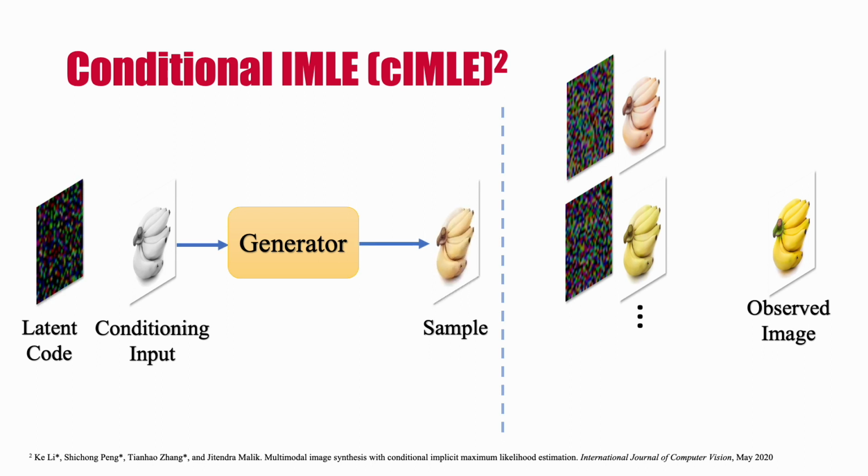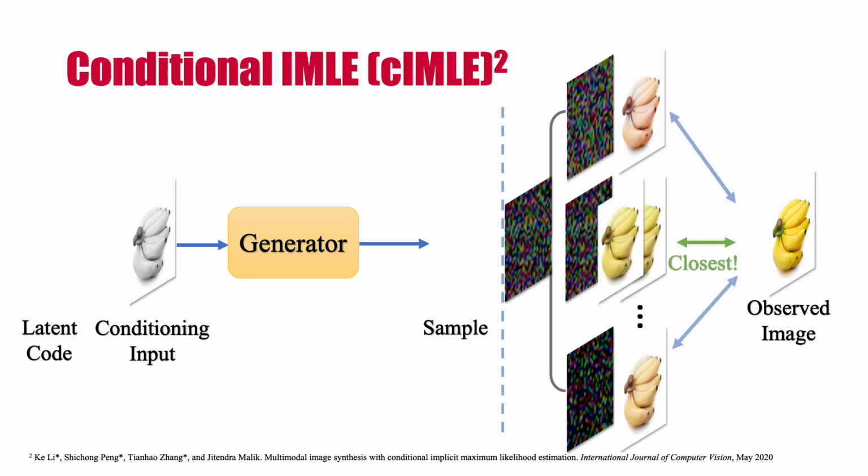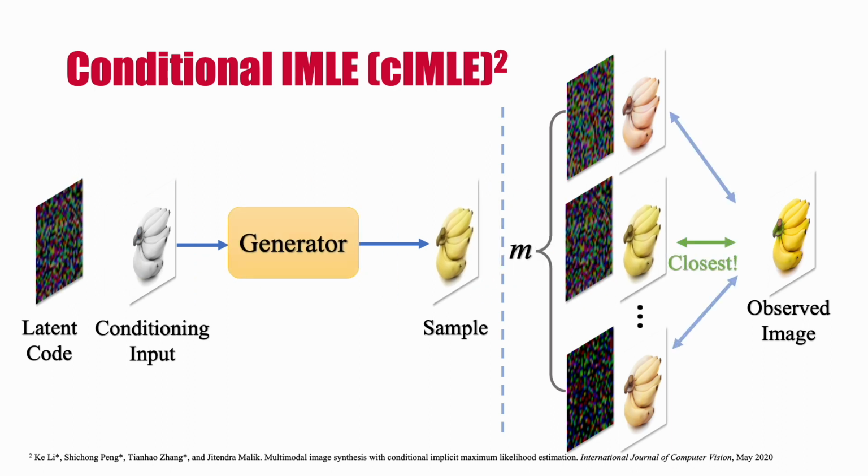At a high level, CHIMLE generates a pool of M samples from the conditioning input and a latent code. It then selects the sample closest to the observed image and trains the generator with it. To select a good sample that is close to the observed image, CHIMLE requires a large pool size M. However, sampling is expensive, so it forces an unideal trade-off between pool size and sample quality.